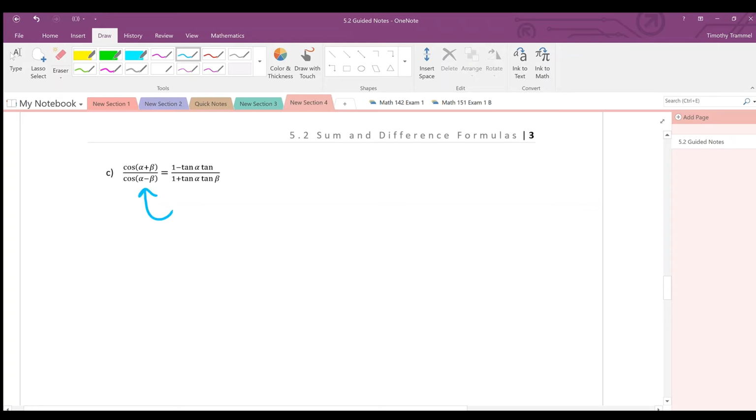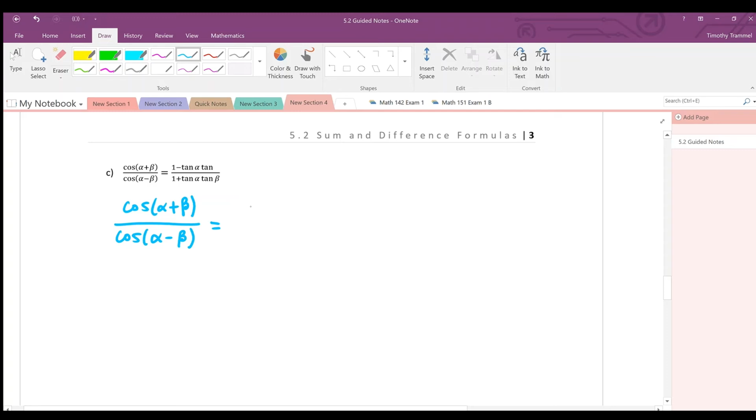I'm going to start off with this side that I know I can use these new trig identities on. Okay, so there's our left-hand side. Let's use our new identities.